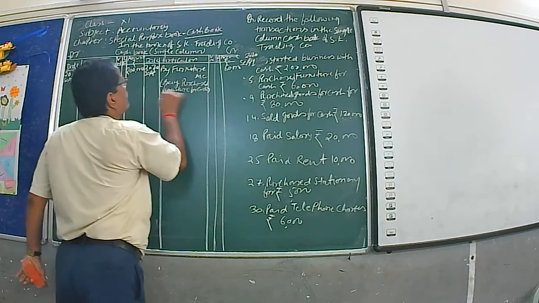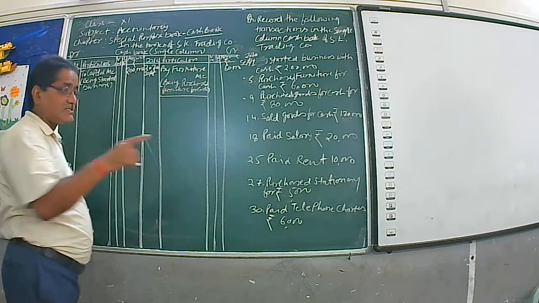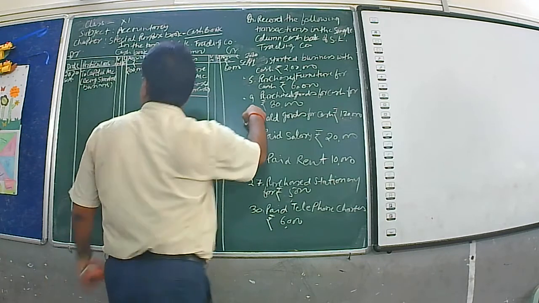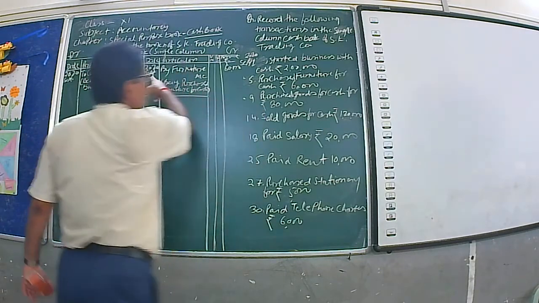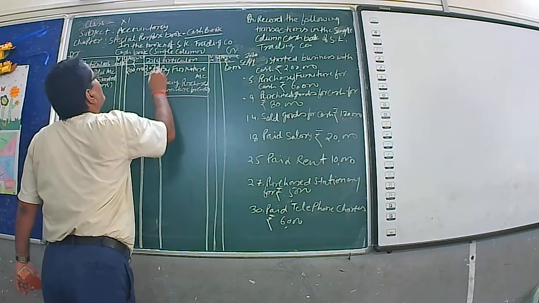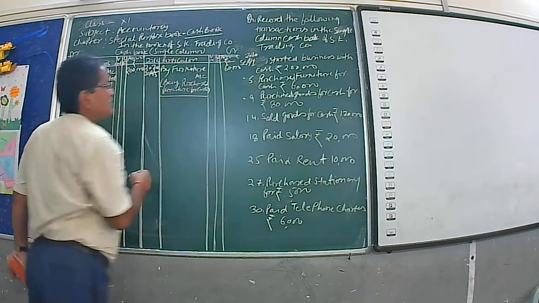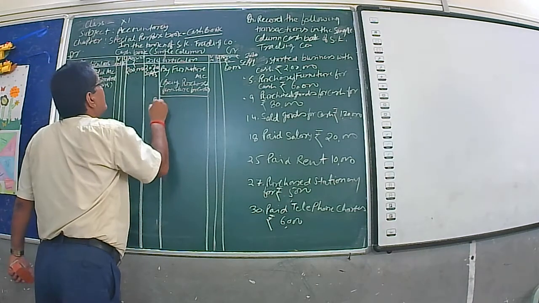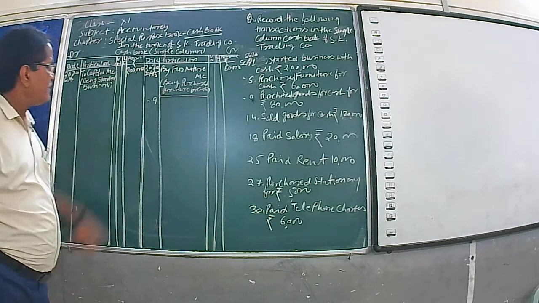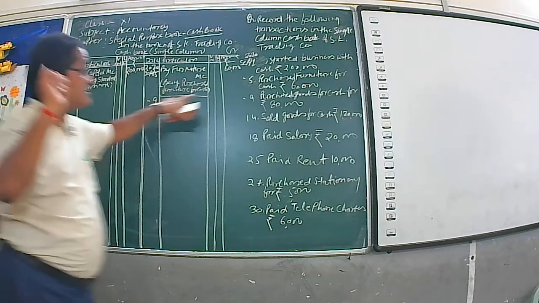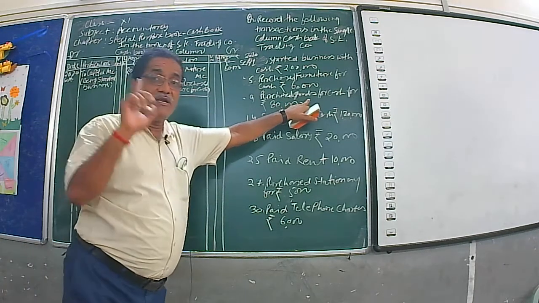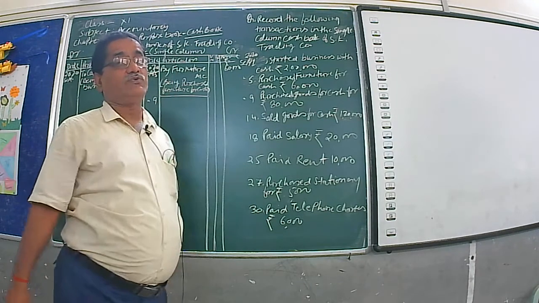Here, note down the next transaction date. The date for purchase of furniture was the 5th, and for purchase of goods it is the 9th. The journal entry for purchase of goods will be purchase account debit to cash.